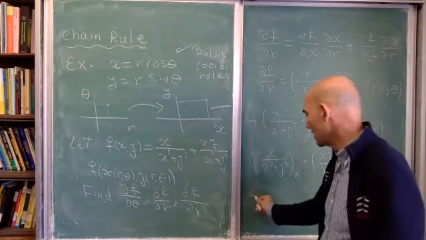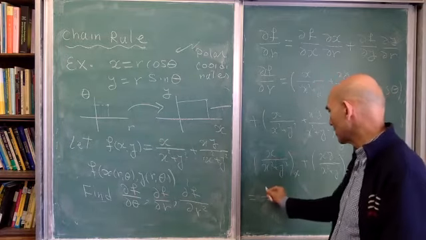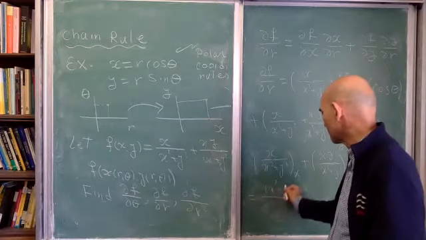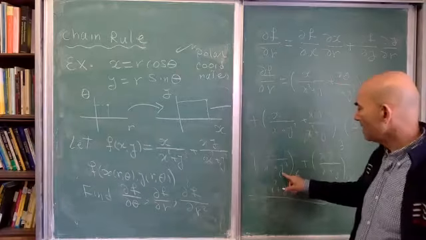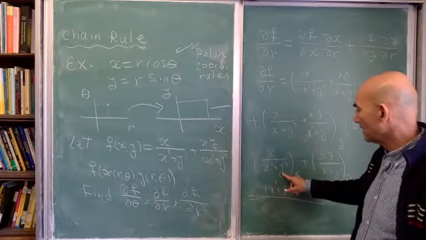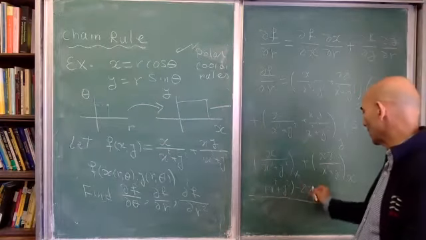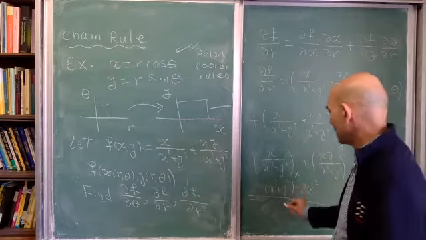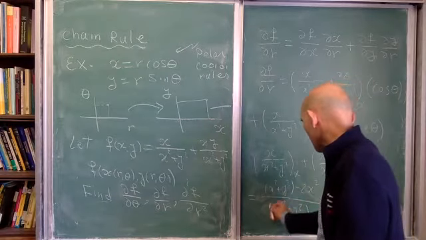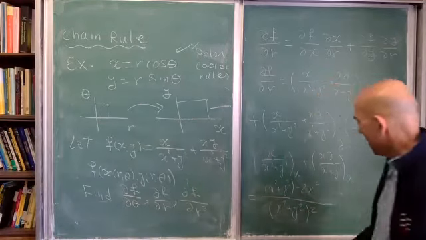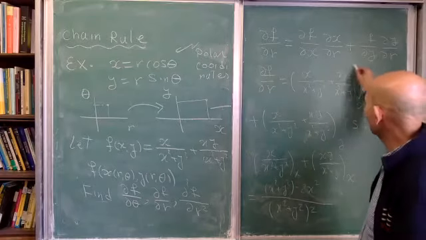So let's continue. This is equal to, now with respect to x, the derivative of this is 1 times x² plus y², minus the derivative of this guy with respect to x, which is 2x times x, minus 2x², right? Divided by (x² plus y²) squared. And remember, we are just computing these parts now.